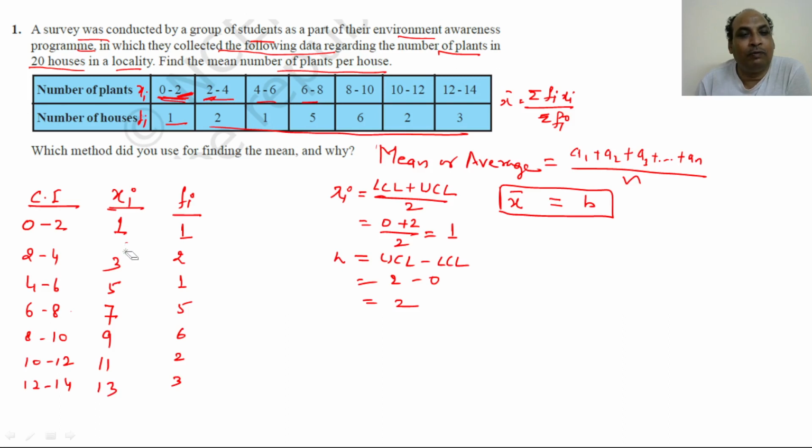You need not find the average every time. Even if you find the average, 4 plus 6 divided by 2 is 5, 8 plus 6 divided by 2 is 7, so the same thing will come. Once you know the class size and the very first xi, you will be in a position to find all of them. So this is called the direct method.